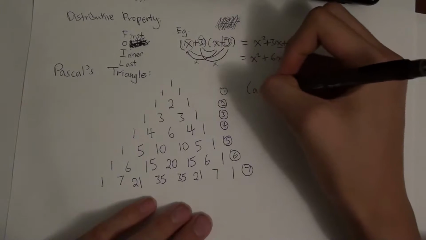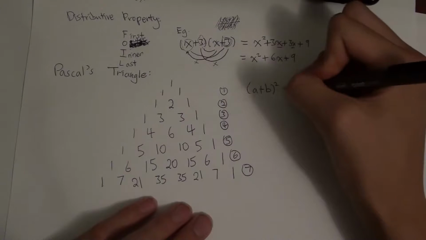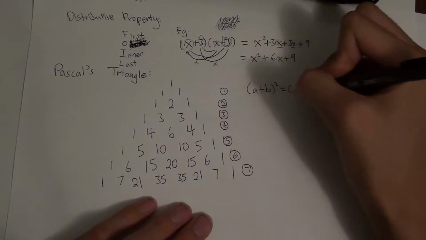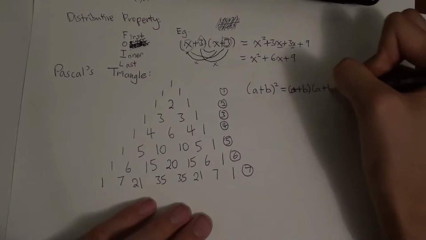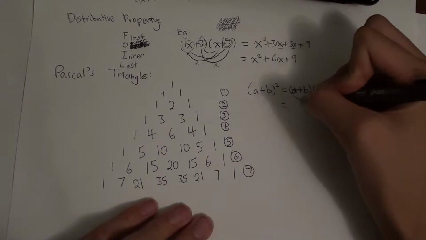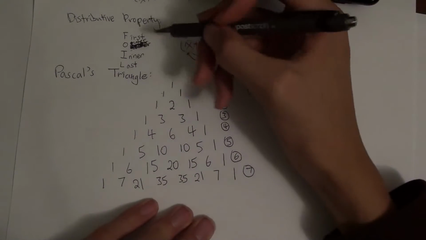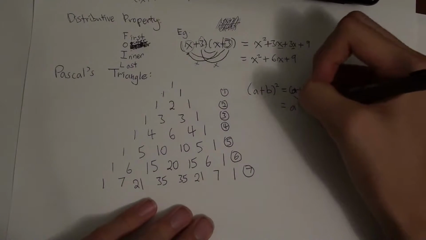So let's take, for example, a plus b squared. Alright, what's that equal to? It's equal to a plus b times a plus b. Alright, as you have seen from before, this would equal a times a, which is first. You can see first right here. So first times first is a squared.